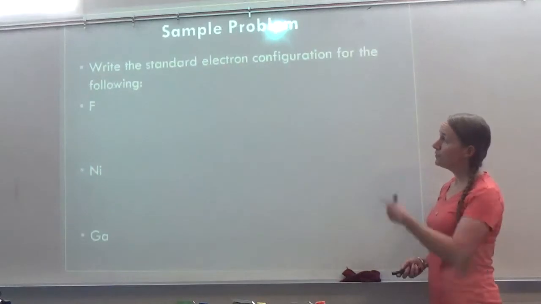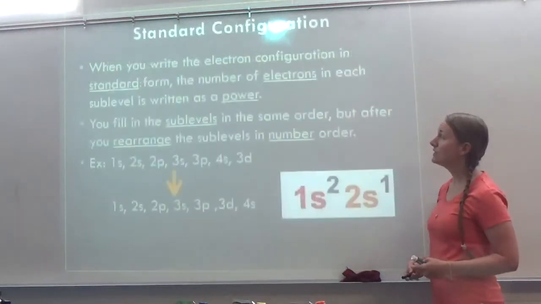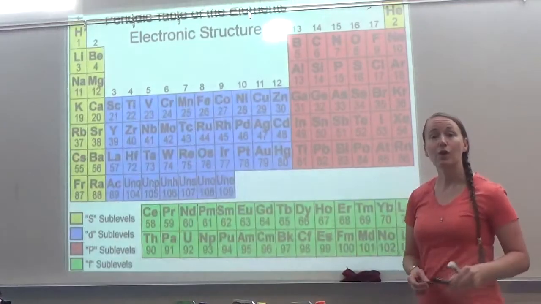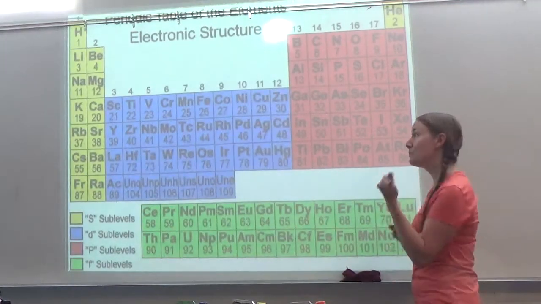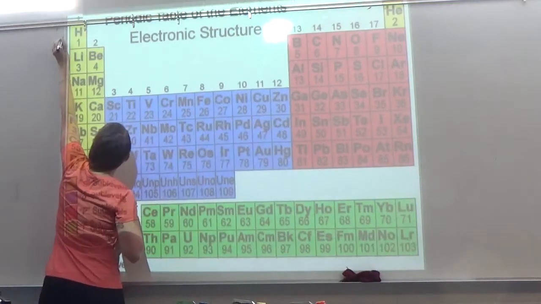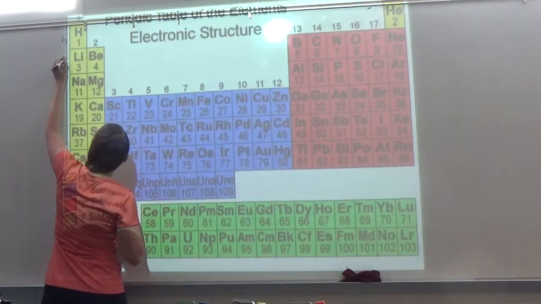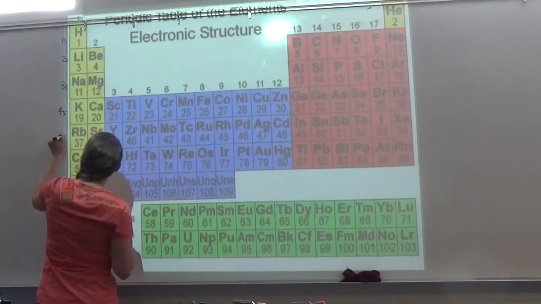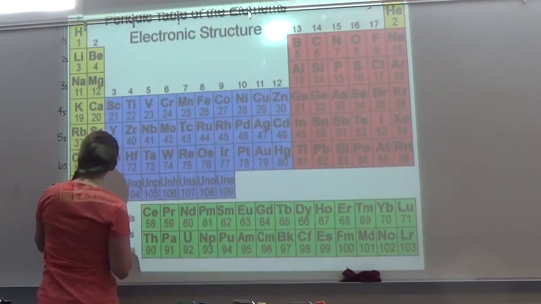So instead of going this way, I went ahead and wrote these elements down. I'm going to go back to my periodic table. If you don't have your periodic table labeled from the first part of the video, make sure you label it this time. Remember, the yellow are my S's. S starts with 1, so it's 1S, 2S, 3S, 4S, 5S, 6S, 7S.